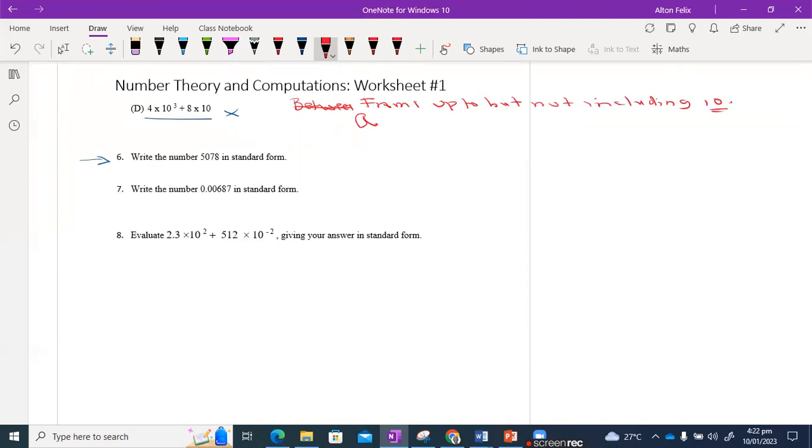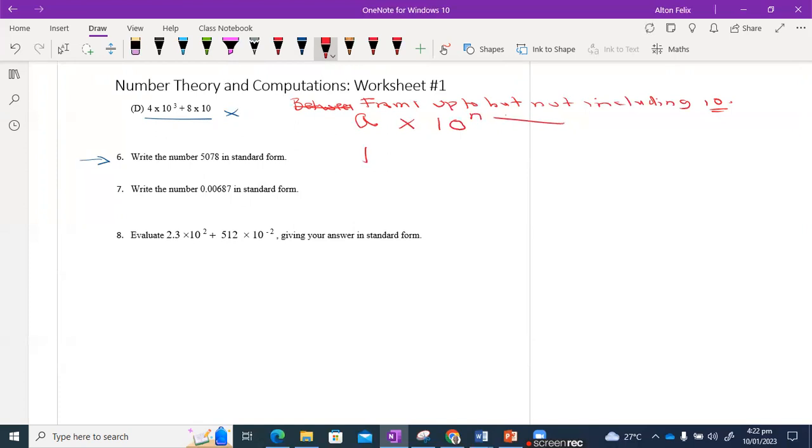So it cannot be a 2-digit number. It cannot be 10. It can be 1. That's why I say from 1. So this could take the number 1. And the other part of it, 10, raised to some number up here, right?